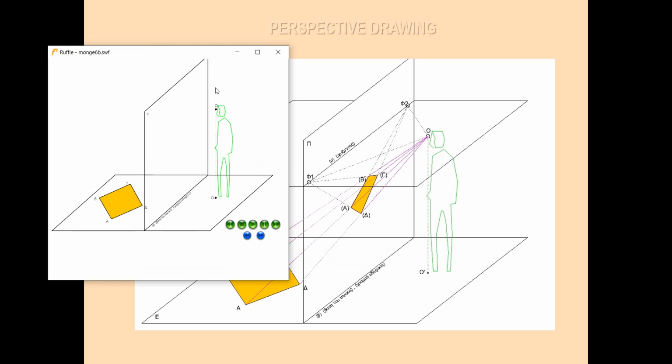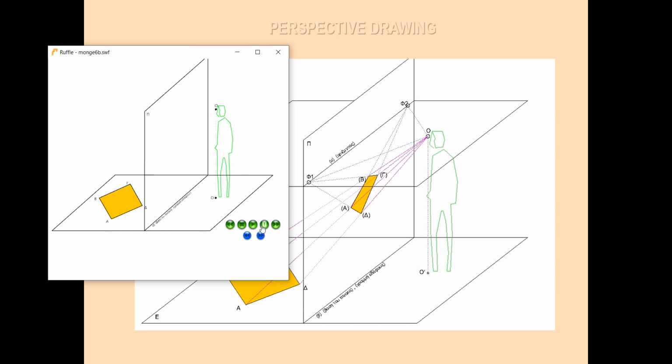So let's say that we have here the observer that looks at this square on the ground floor. And here we have the perspective plane with its baseline here.